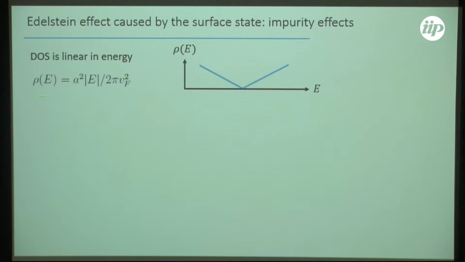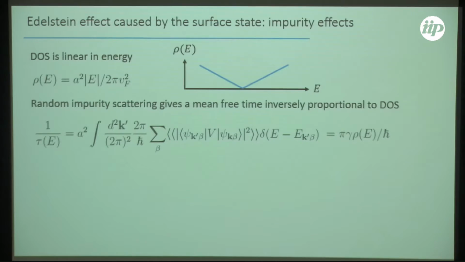Because of this linearity, if you consider random impurity scattering in these surface states and use a simple Fermi golden rule calculation, you will see that the scattering rate at the surface of these topological insulators is proportional to the density of states.